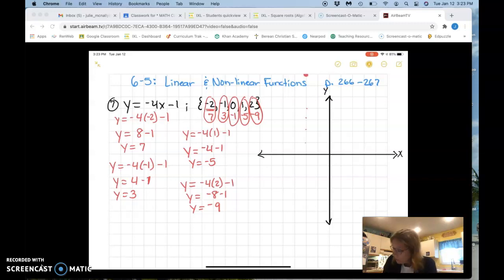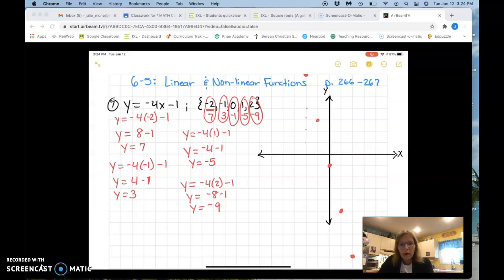I have -1 and +3, 0 and -1, 1 and -5, and then I have 2 and -9. So here's 2 and 1, 2, 3, 4, 5, 6, 7, 8, 9. Wow, that fit on my screen.